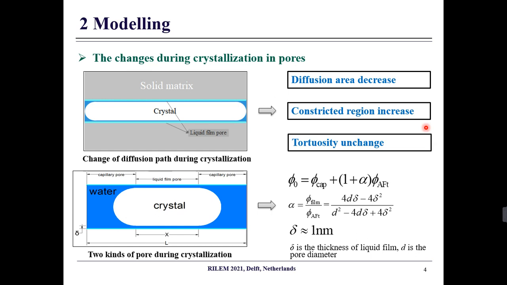So if we still consider this thin film as a transport path, the tortuosity keeps unchanged. However, the diffusion area decreases and a constricted region appears. To simplify, we use crystal content to express the pore space occupied by liquid film and capillary water.